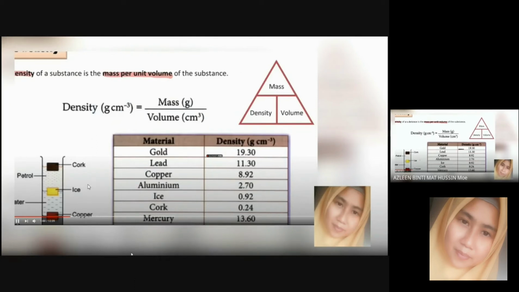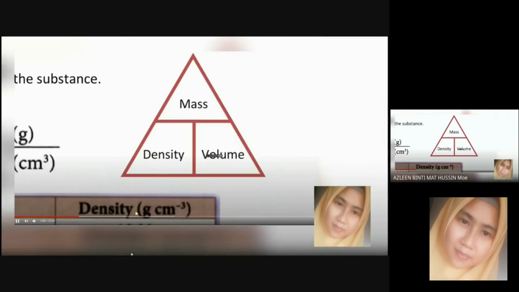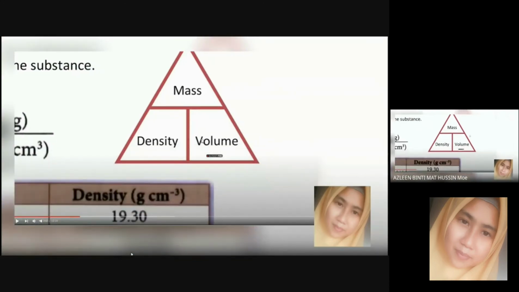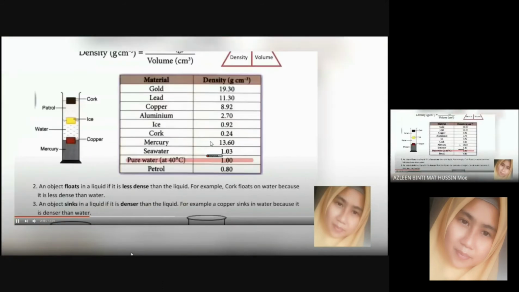Now let's look at the pyramid: mass, density and volume. Whenever you want to find the mass, it's just density times volume. Whenever you want to find volume, it's mass divided by density.